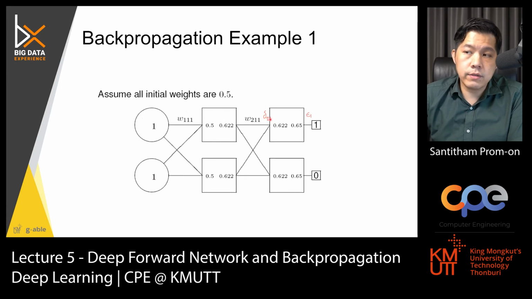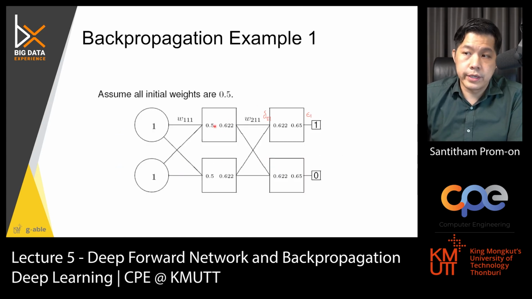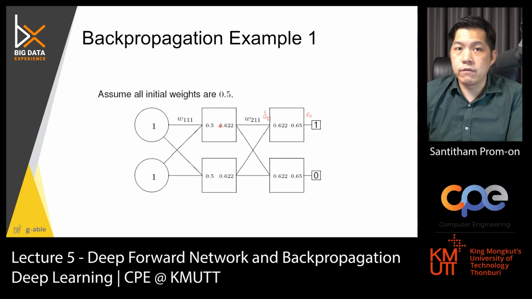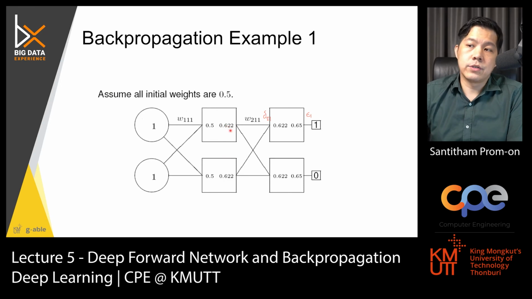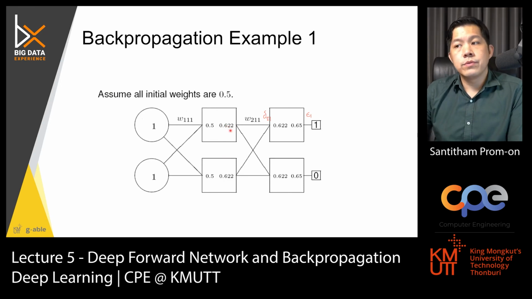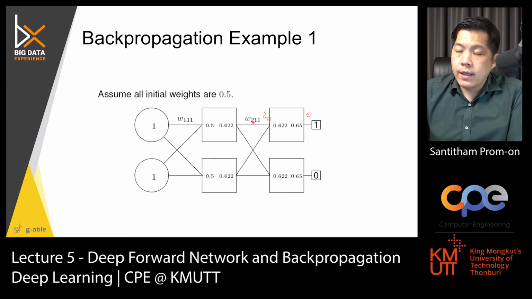We can use this delta to update the weight by multiplying it with the input here, the output of the previous layer or the input of this layer. So if it's a large value, we've got to penalize, got to update. Small value, no need to update, depending on the penalization as well.